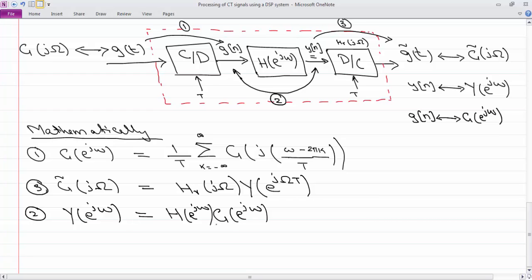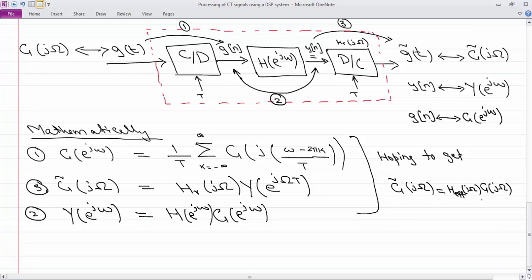Now, why are we writing all these blocks? I just want to remind you, what we are trying to do is write the final output G tilde j omega as equal to my input G of j omega times some frequency response H effective j omega, and then we'll call this our effective LTI system.